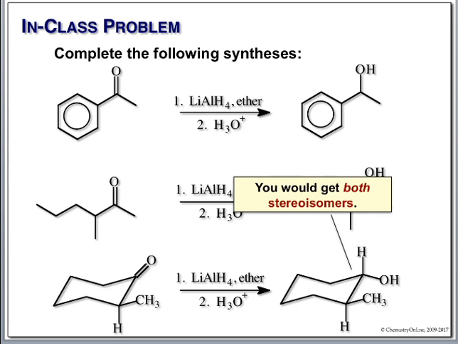Now, we're making a chiral center here. Yes, we will get both stereoisomers, so it will be a racemic mixture at this carbon, top or bottom. This one would probably predominate because in the product, they're both equatorial, so it's more stable.